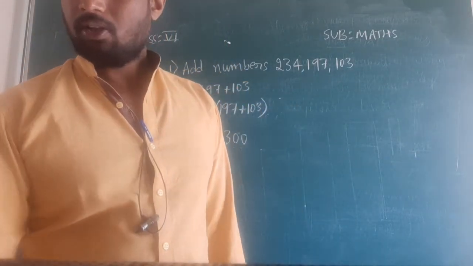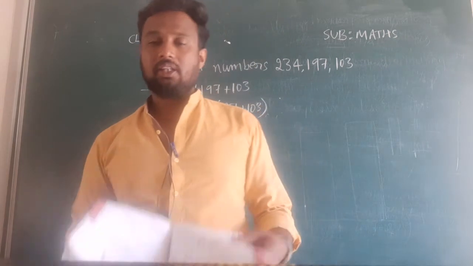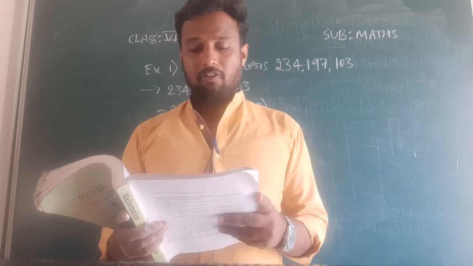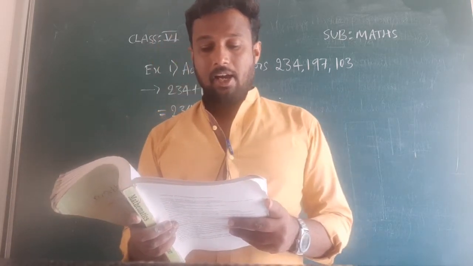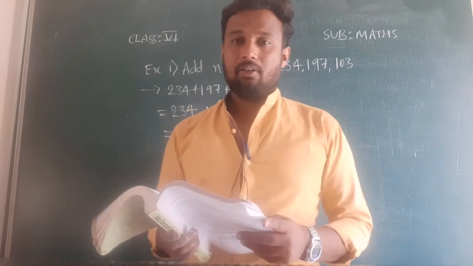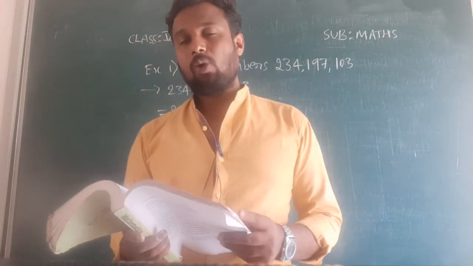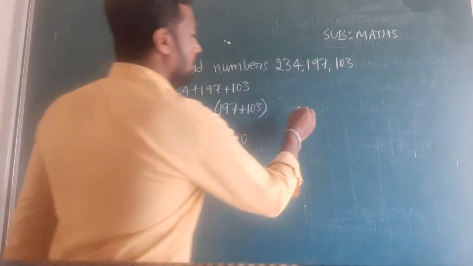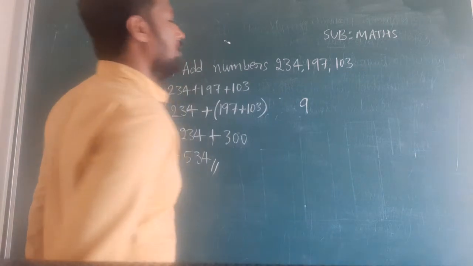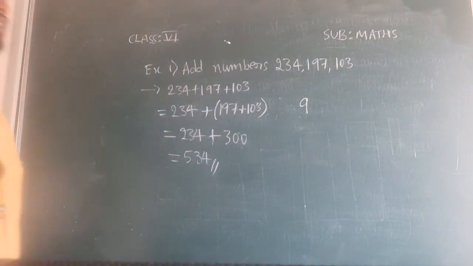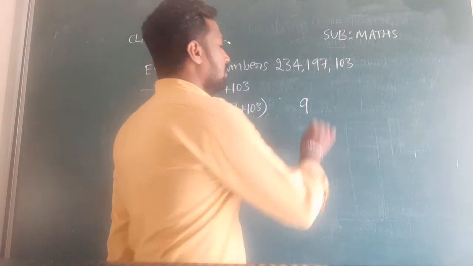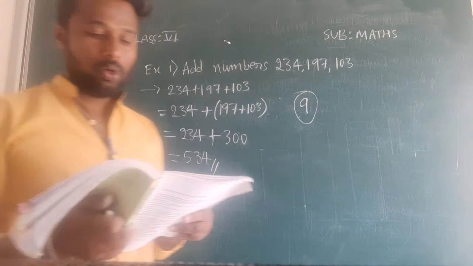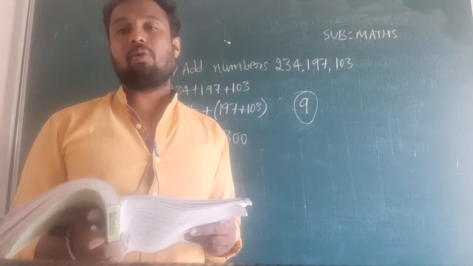And to practice all these things, they have given one game here. You can try this. You and your friend can play this. You call a number from 1 to 10. For example, if you call first number, that is 9, then your friend adds to this number any number from 1 to 10.